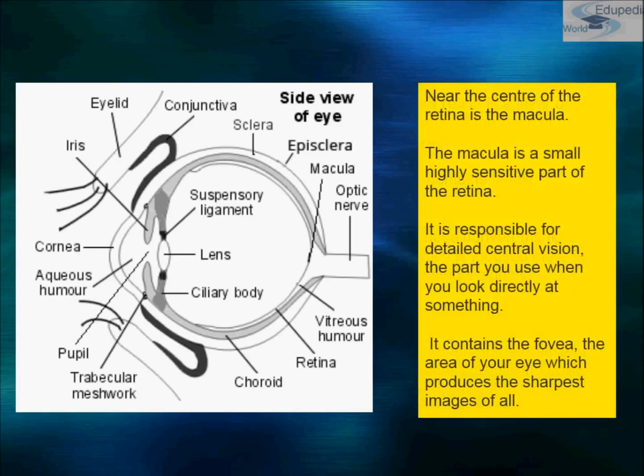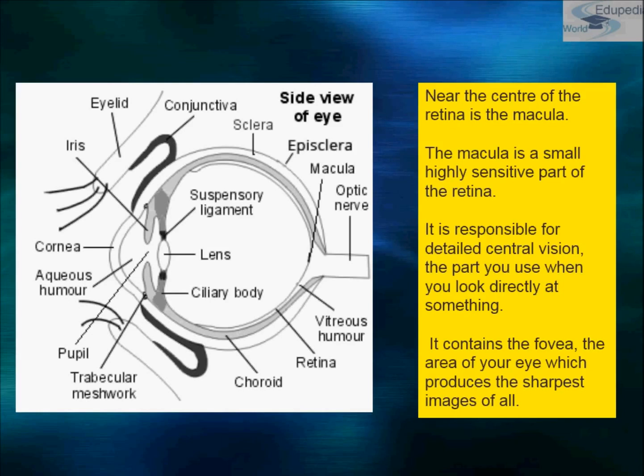Now third is your macula. Near the center of the retina is the macula. See, this is your macula. What is it? You can say that it is a small, highly sensitive part of the retina. It is responsible for detailed central vision, the part you use when you look directly at something.